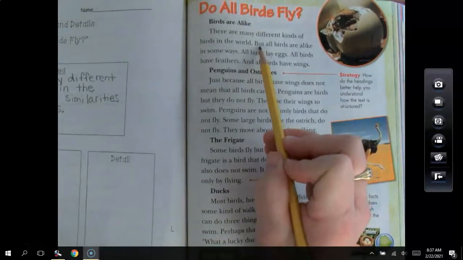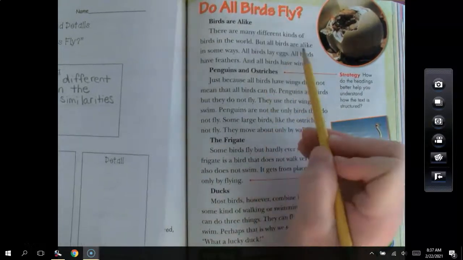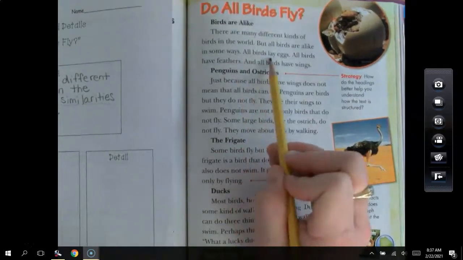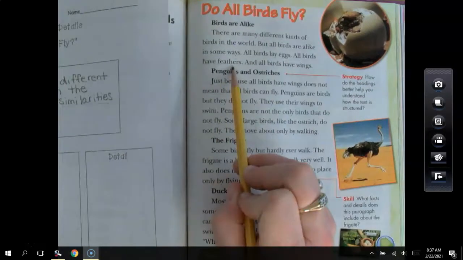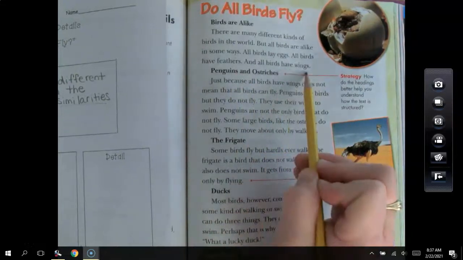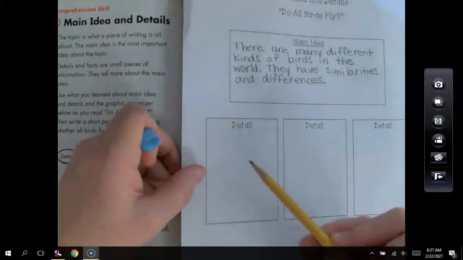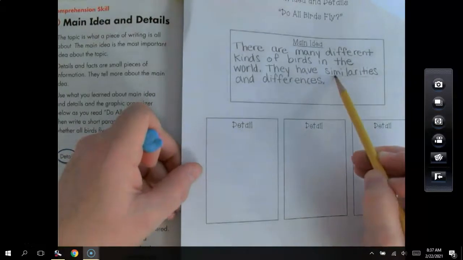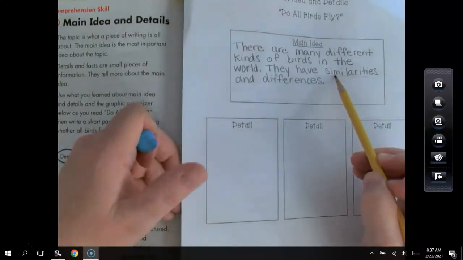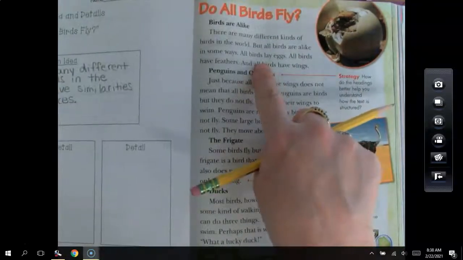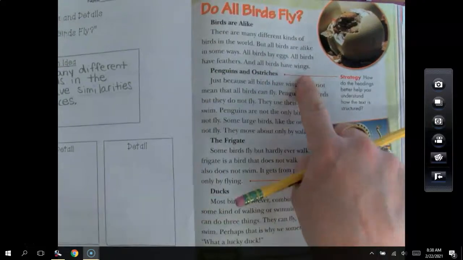If you go back to the first paragraph, it says, but all birds are alike in some ways. Well, what do? All birds lay eggs, all birds have feathers, and all birds have wings. Would that be a good detail to add? Of course, because that detail helps support the main idea that we wrote, that they have similarities. We're proving it. We're proving that they have similarities because it told us in our book that all birds lay eggs, have feathers, and have wings.